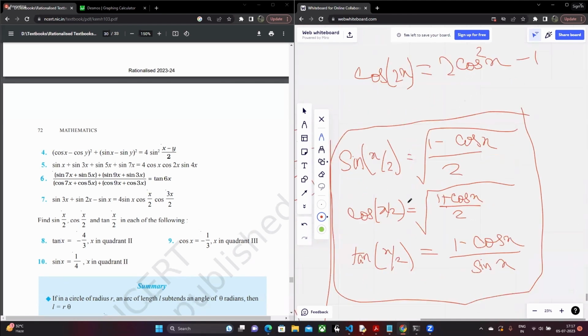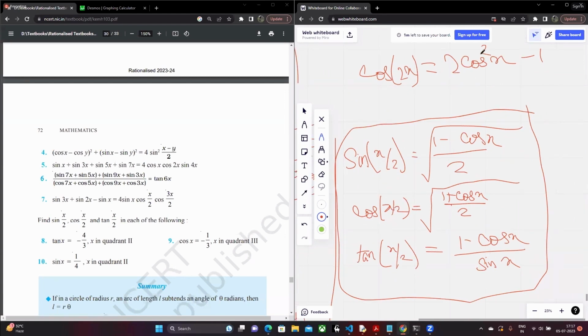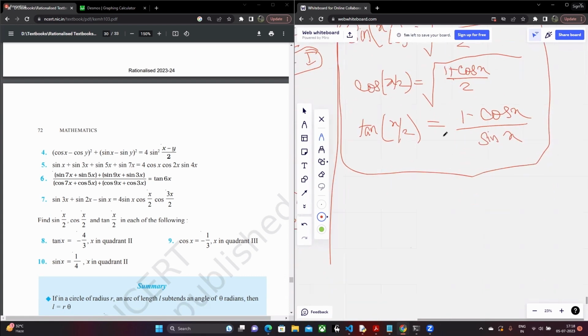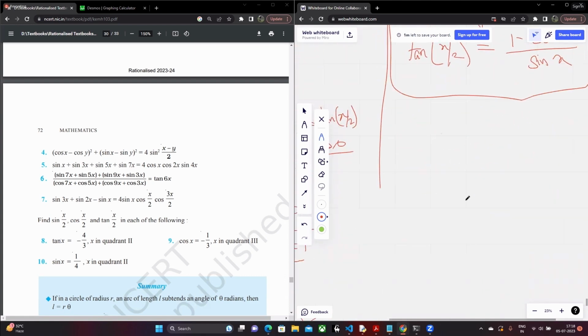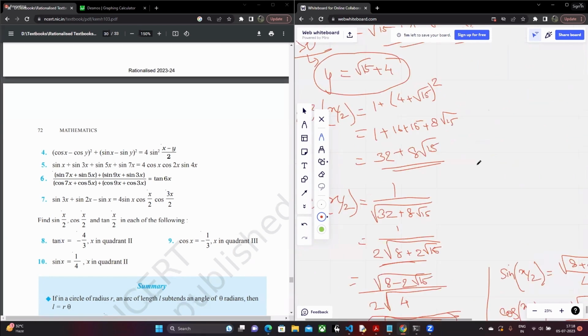Substitute x for x by 2, then you get this. And if you use the 1 minus 2 sine squared x formula, you get this, and this by this is going to give you this. These are the half angle formulae. You may use them, you may not use them. It does not matter.